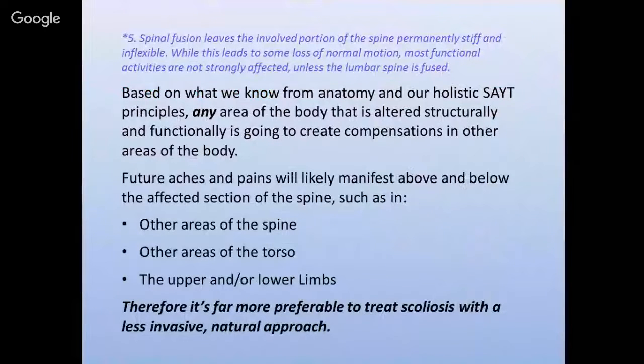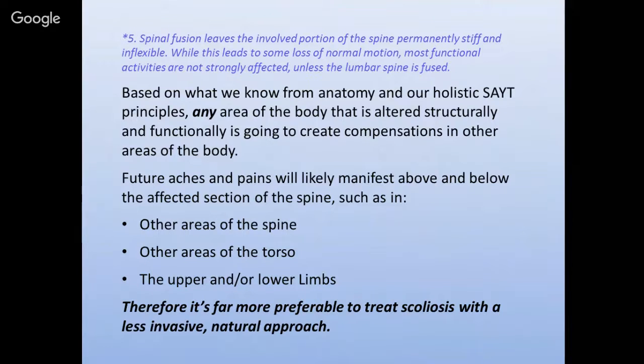Then the 5th point, spinal fusion leaves the involved portion of the spine permanently stiff and inflexible. While this leads to some loss of normal function, most functional activities are not strongly affected unless the lumbar spine is fused. So from what we know from anatomy and from our holistic principles, structural alignment yoga therapy principles, any area of the body that is altered structurally and functionally is going to create compensations in other areas of the body.